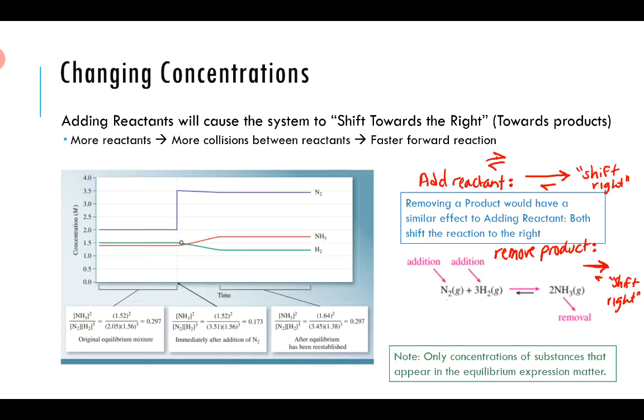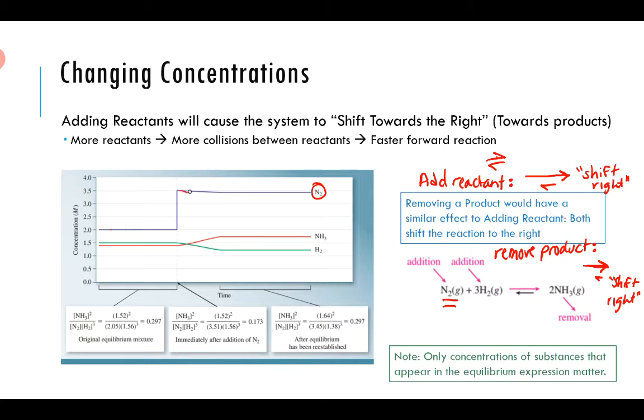So if we look at this graph, initially we were at equilibrium. You notice that all these lines are not changing their concentration. The concentrations are constant. They're steady, not changing, so they're at equilibrium. And then we add a whole bunch more N2, which is a reactant.